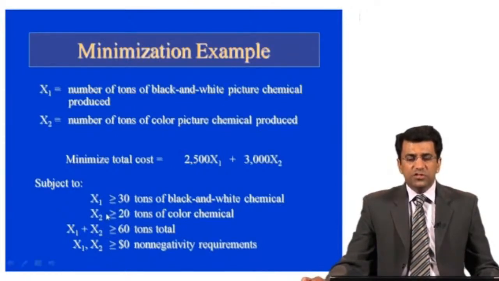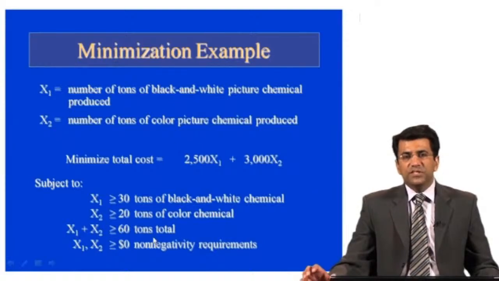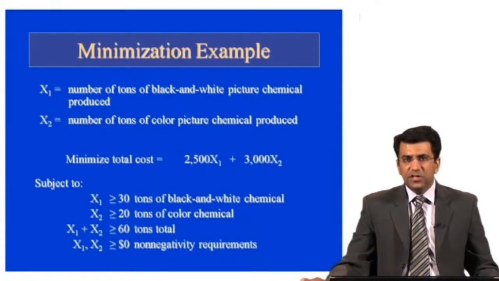So these are the 2 constraints, that is x1 is greater than or equal to 30, and x2 is greater than or equal to 20 tons of color chemical. There is another constraint, that is x1 plus x2, again equal to or greater than 60 tons. That is the sum of x1 and x2 quantity of those chemicals should be equal to or greater than 60. So this is the third constraint.